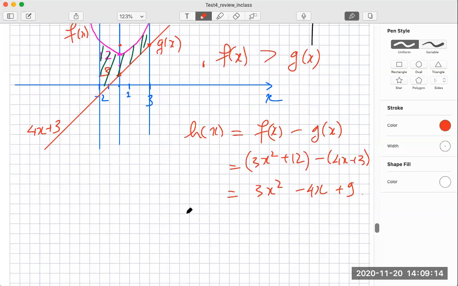And the discriminant of this guy will be negative 4 squared minus 4 times 3 times 9, smaller than 0. Therefore, this function has no solution.